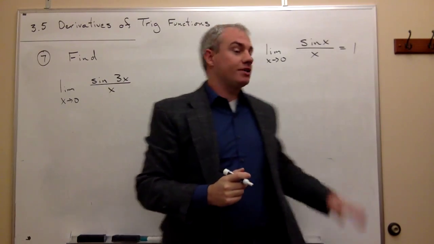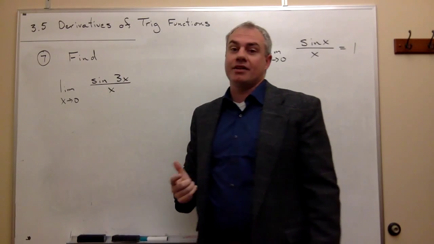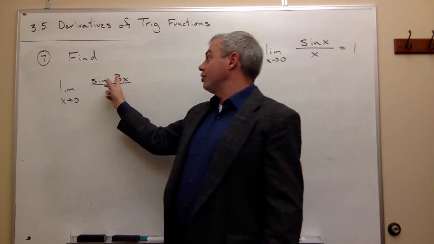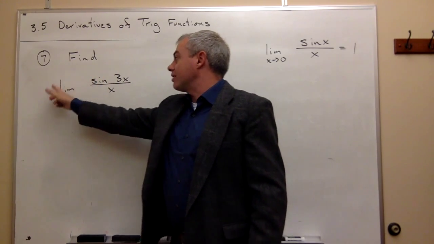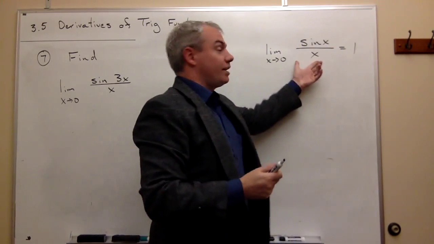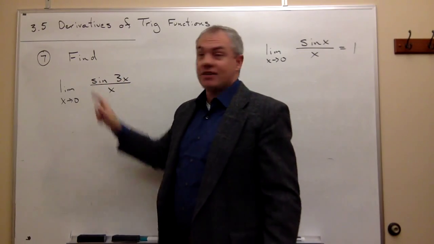We want to use this limit to evaluate that one. It would be great if you could take that 3 outside of the sine, because then you could also take the 3 outside of the limit, and you've just got the limit that's sitting right here. But you cannot pull a 3 outside of a sine.